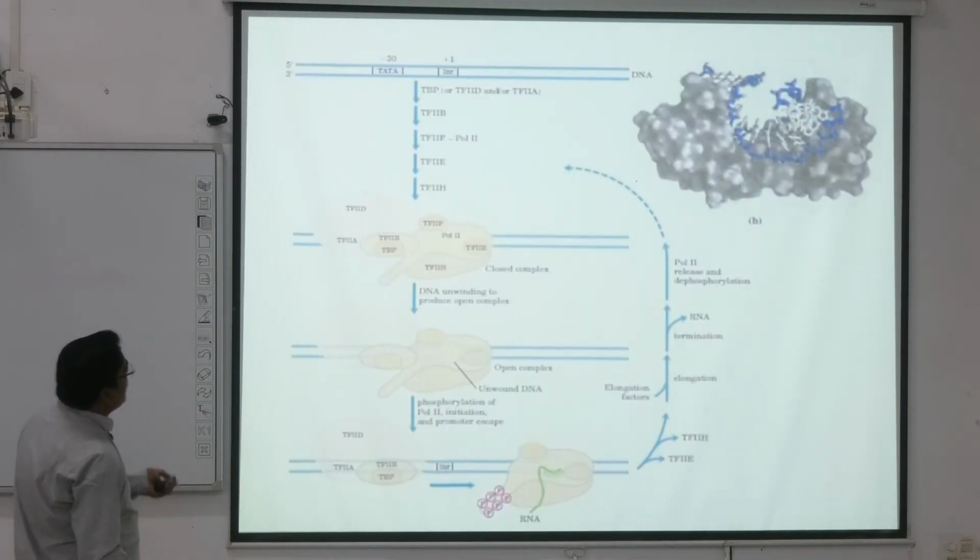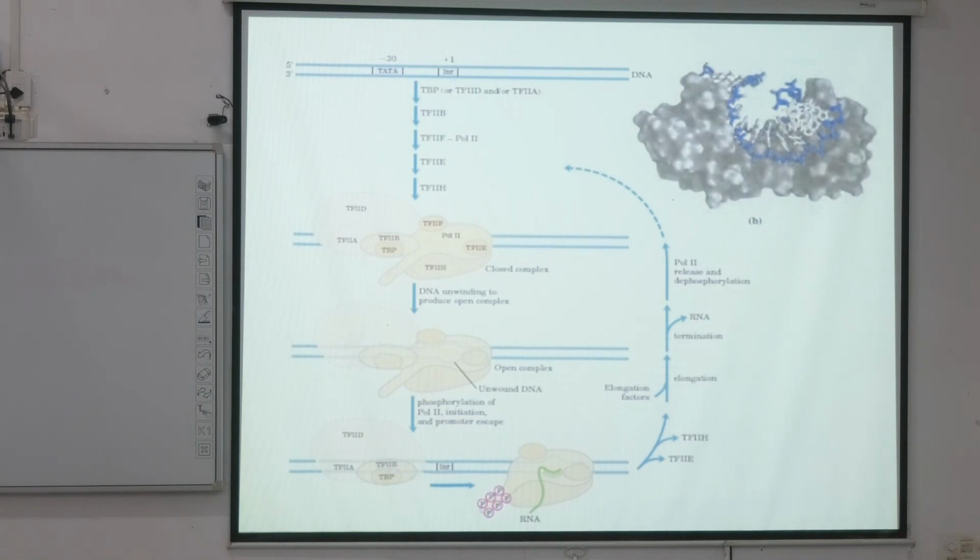इसमें देखिए आप. I will describe in this diagram that it contains the TATA box at different positions, and all these proteins are assembled on a particular DNA template, in which you will see there is TFIID, TFIIA, TBP.